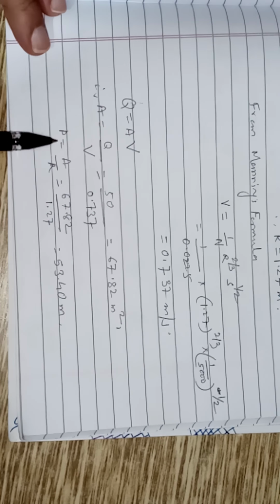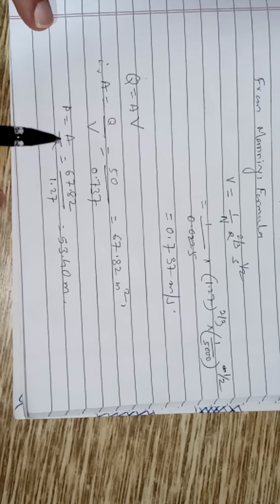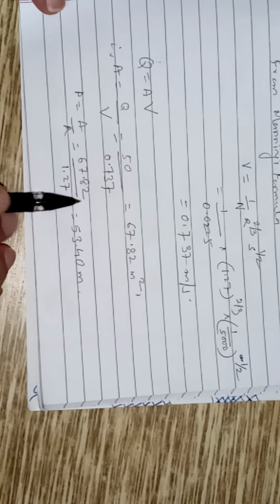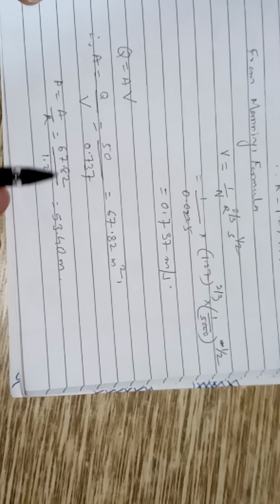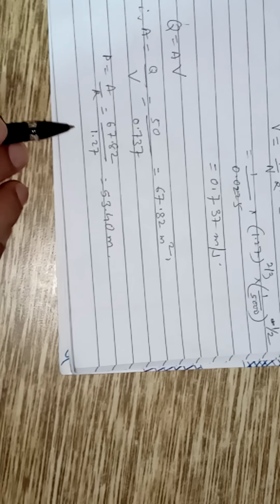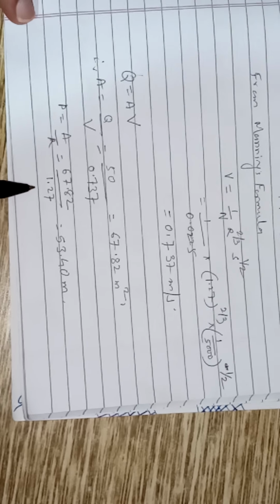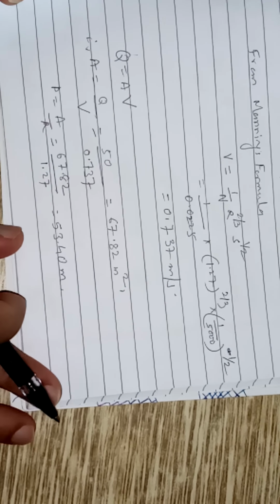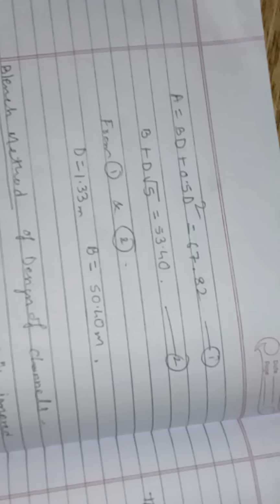Now the perimeter P = A / R. So the area is 67.82, R calculated is 1.27, therefore P is 53.40 meters.